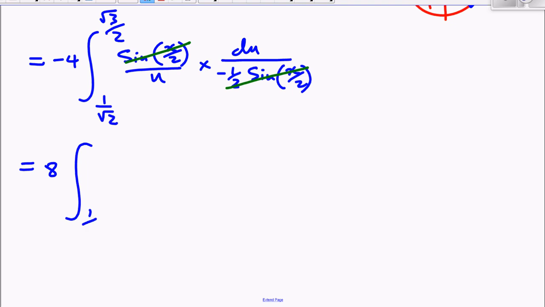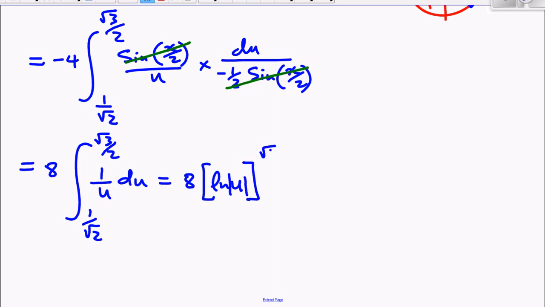Integral from 1 over root 2 to root 3 over 2 of 1 over u du, which will be equal to 8 ln of the absolute value of u, from 1 over root 2 to root 3 over 2, which will give me 8 times ln root 3 over 2, of course the absolute value of root 3 over 2 is just root 3 over 2, minus ln 1 over root 2.